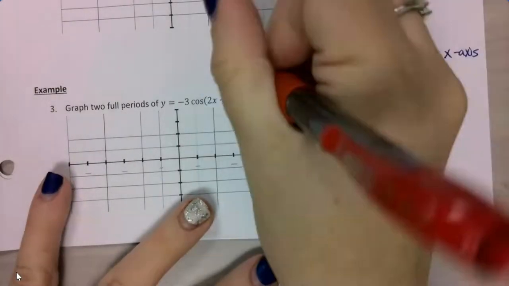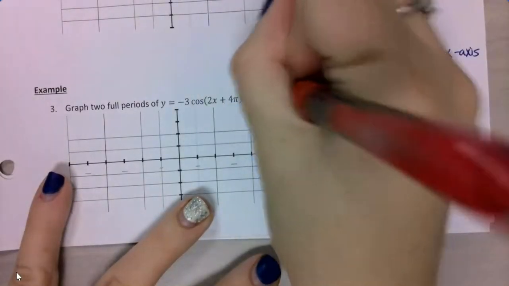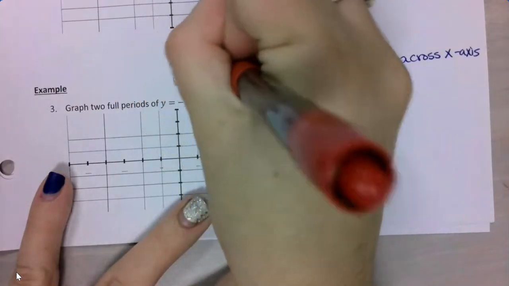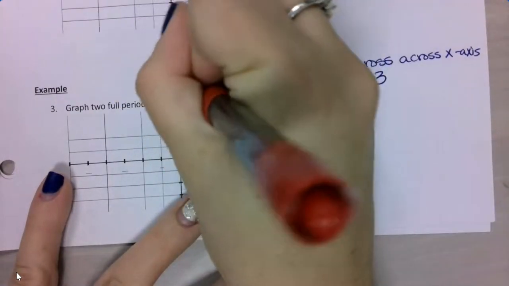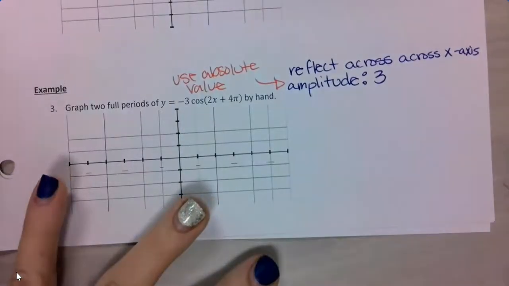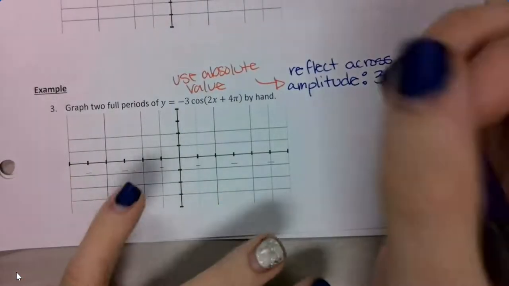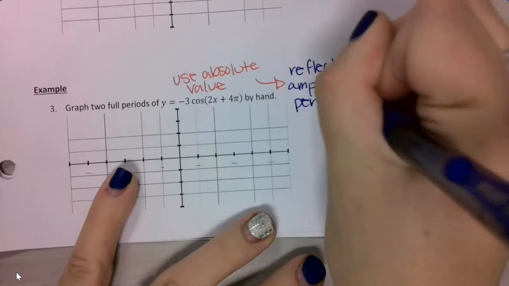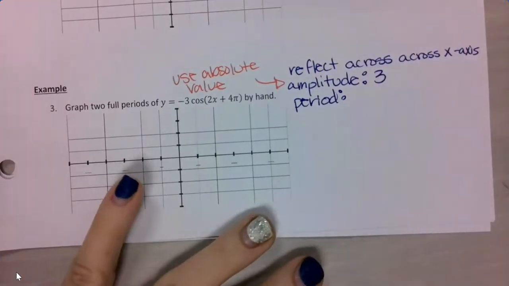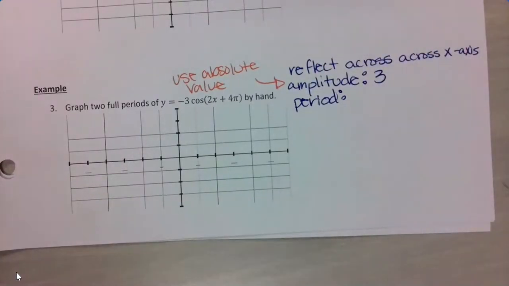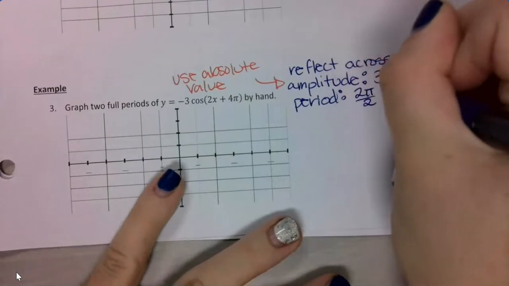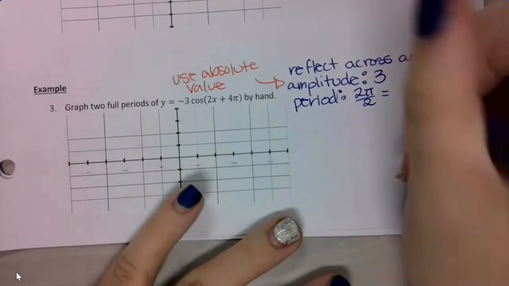So just 3. Okay. Then my period here is what? So this one I take 2 pi and I divide by 2. So it just gives me pi.